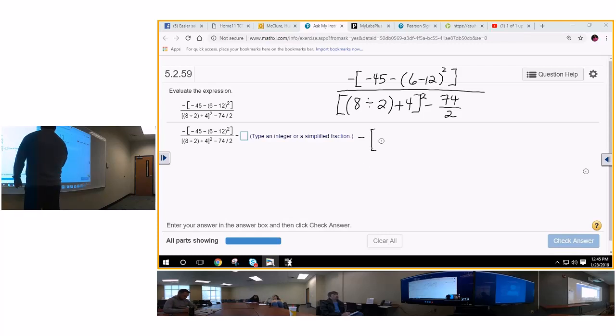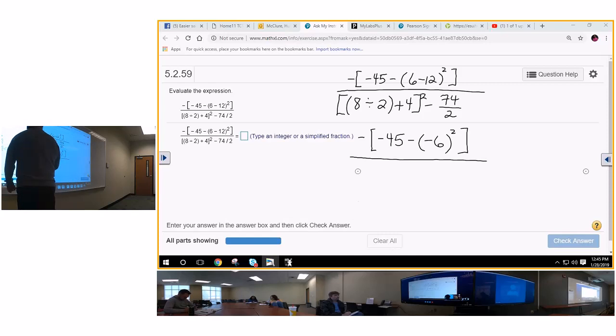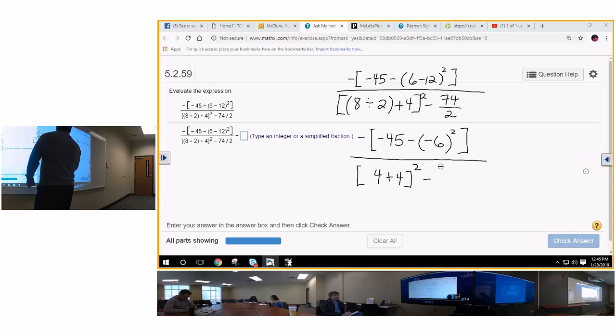All right, negative 45 minus, what's 6 minus 12? Negative 6. And that's in parentheses over. What's 8 divided by 2? So that's going to be 4 plus 4 squared minus 74 over 2.